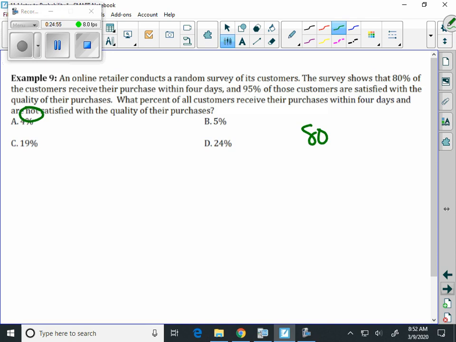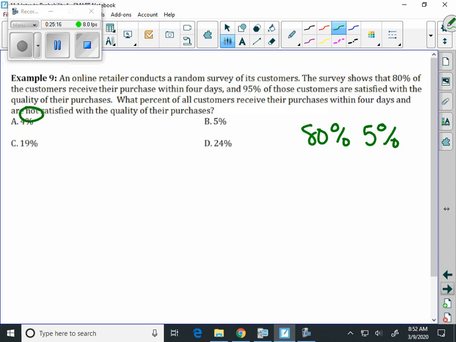So if they're not satisfied, 95% of those are. What's our complement of 95? It's going to be the 5%.